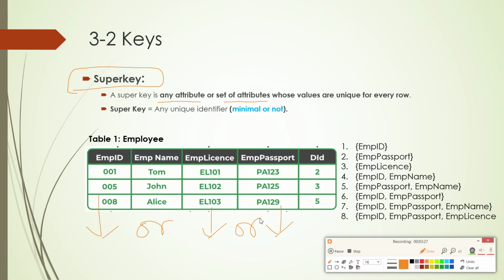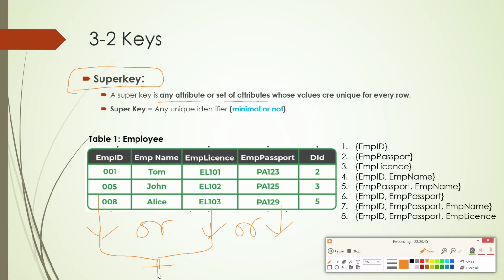For example, if I say that this employee ID and this license ID are combined together, and they will uniquely identify one record, so this could also be one super key.